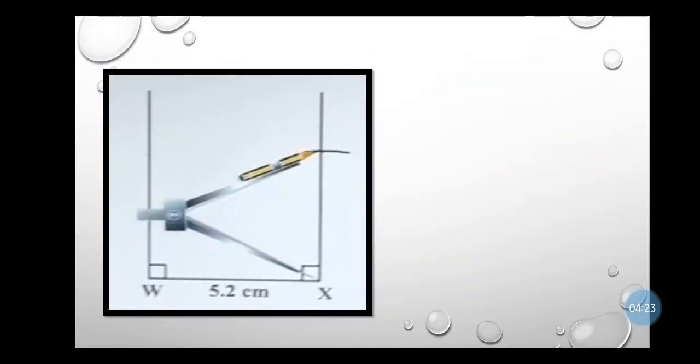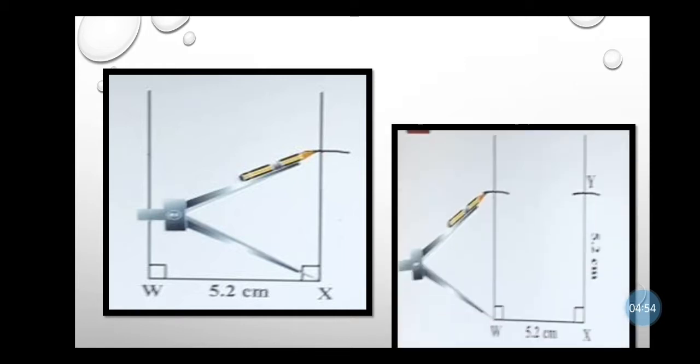You will mark 90 degree symbol on W and X. The next thing, you will be taking your compass. On that you will measure, with the help of a ruler, 5.2 cm. Place the compass on point X and cut an arc. The new arc which is formed, you will write as point Y, and write over there 5.2 cm.